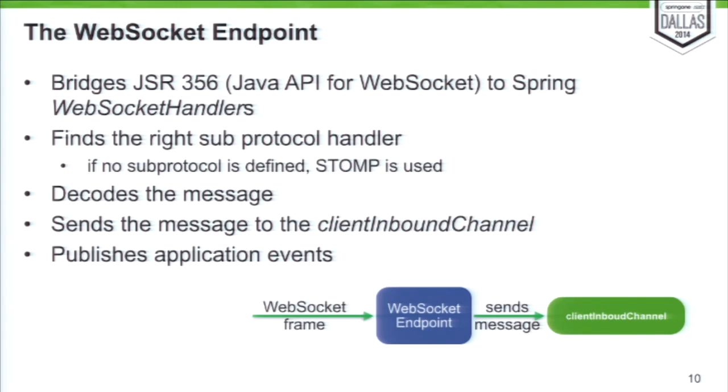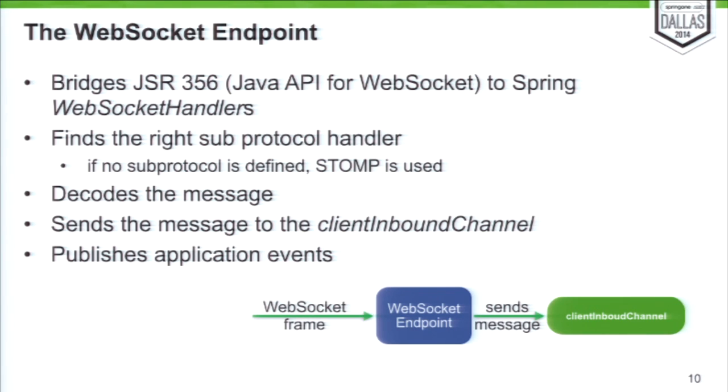The responsibility of the endpoint is getting the message, decoding the message, and finding the right subprotocol handler. The subprotocol handler is the one that will decode the message. By default, we're going to have STOMP as the subprotocol, even if you don't negotiate that in the handshake.